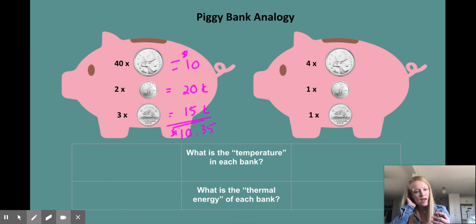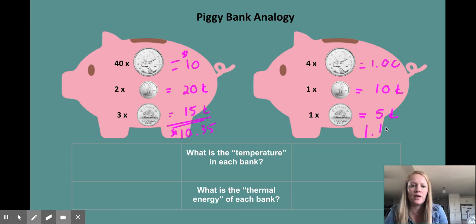So that is how much there is in regards to particle, where this one has $1 in quarters, 10 cents in dimes, and 5 cents in nickels, for a total of $1.15.